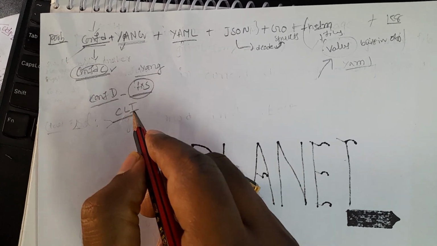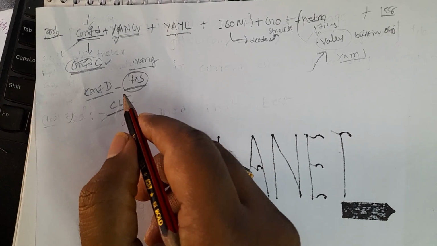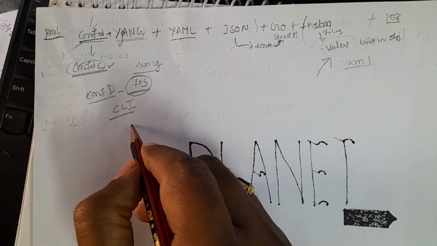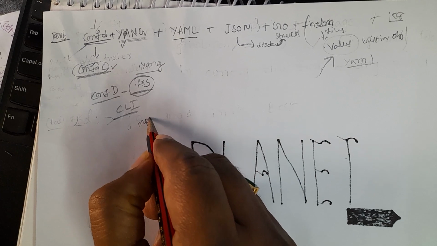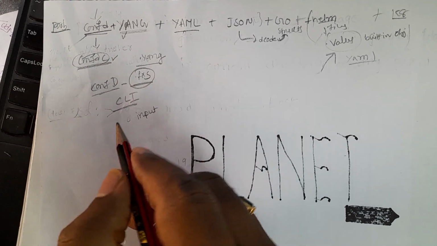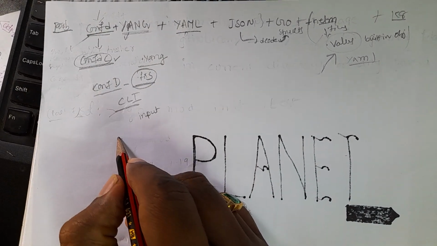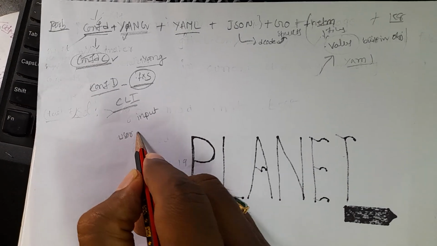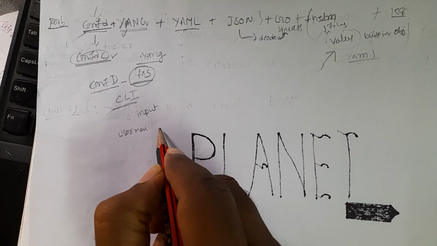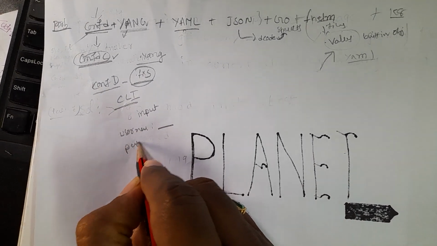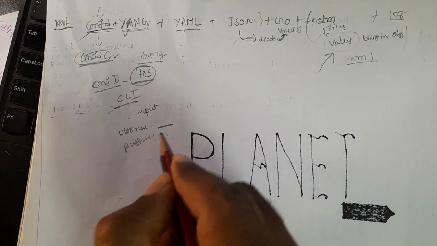So these CLIs will be used to give the input values. Okay, so the user can give, suppose, a username. What is my username? So the username will be given, and the password also will be given to the CLI.